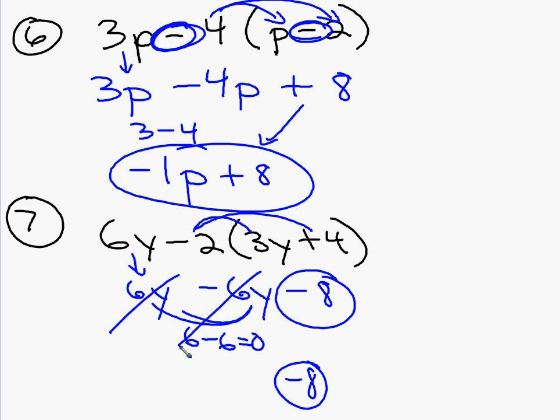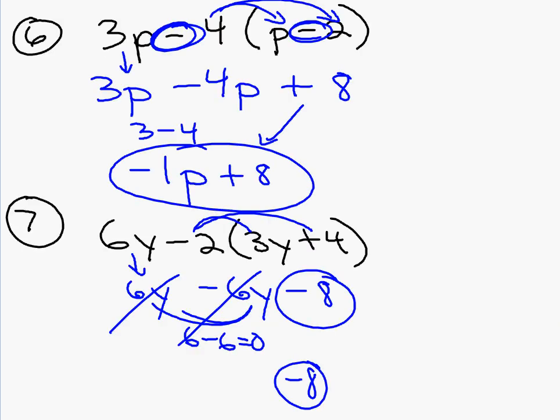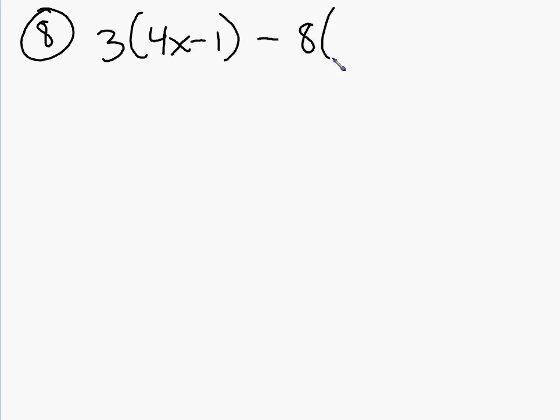In other words, these two terms just went away. All right? The only other thing that you will see is one problem like this. This is our last problem. This is number 8. Is a problem where we have to do distributive property twice and then combine some like terms. And that's what's going on with this problem.